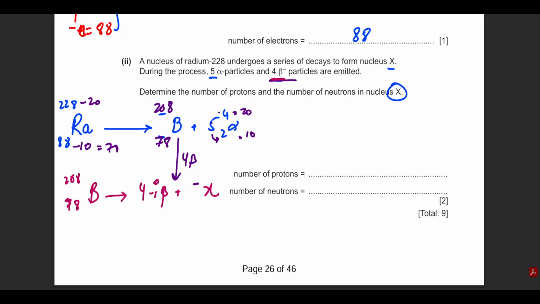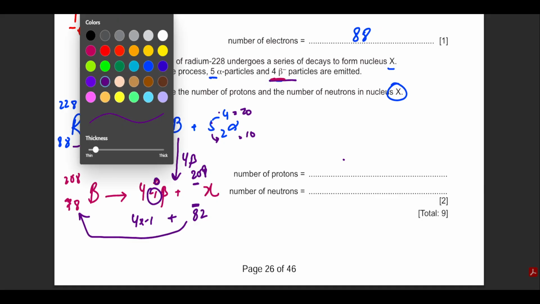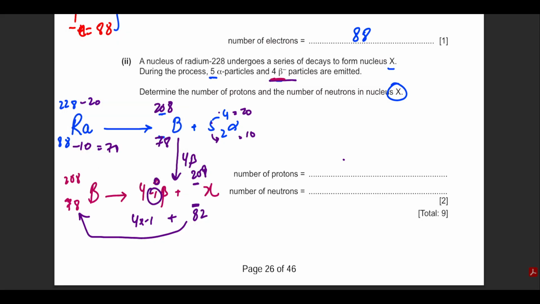The top number, or nucleon number, will be 208 because beta is 0. It will not be affected. And the number on the lower side, since this is negative 1, will be added over here. So this has become 82. So 4 times minus 1 plus 82 leads to 78. So our calculations check out. We're perfectly fine over here.